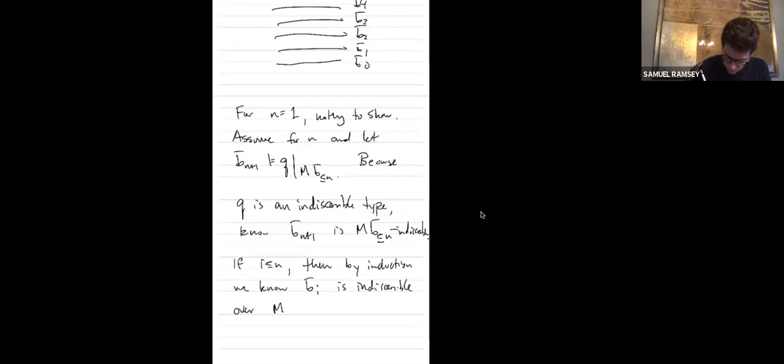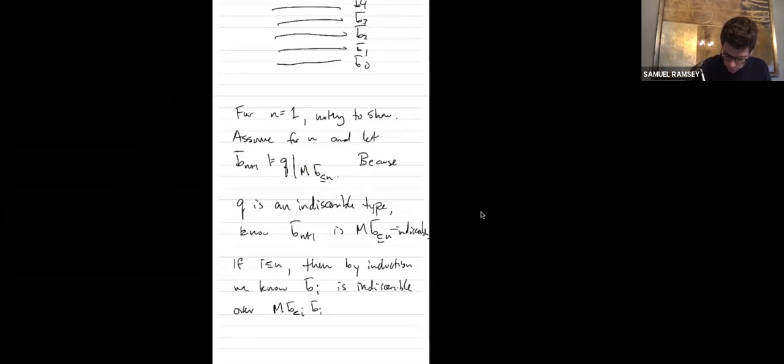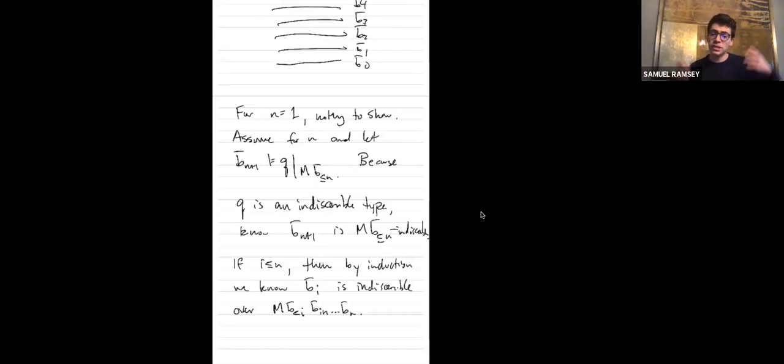It's indiscernible over B bar less than i, and then B bar_{i+1} all the way up to B bar_n. That's what the inductive hypothesis told me. So what does it mean to be mutually indiscernible? Being mutually indiscernible means that if I fix one of the rows, then that row is indiscernible over all the other stuff. So if I have a mutually indiscernible array of height n, then if I fix the ith row, then I'm indiscernible over the stuff that comes below, that's like B bar less than i, and the stuff that comes above, that's like B bar_{i+1} all the way to B bar_n. And I want to know that I can add B bar_{n+1} to the top.